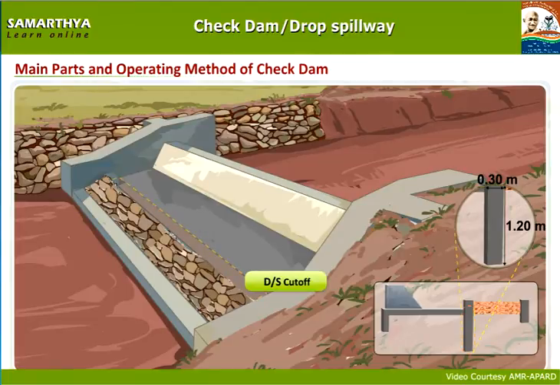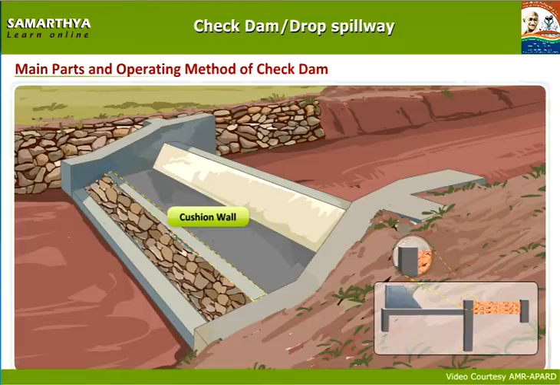A groove is excavated under solid apron to prevent water leakage and to protect the construction. Cushion wall. Concrete wall constructed along solid apron on top of downstream side cutoff wall with 0.30 meters width and 0.30 meters height.